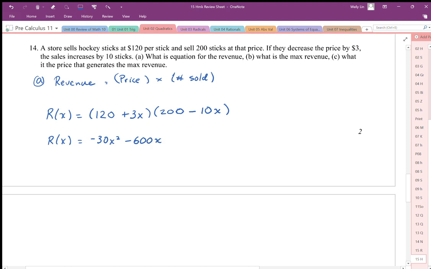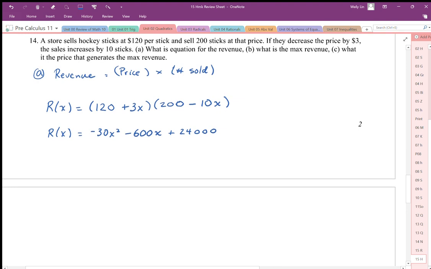And then the constants multiply to plus 24 and then 3 zeros, so 24,000. Okay, so when I don't have any increases of x or decreases of x, I'm going to sell 200 sticks at $120, and that represents actually my y-intercept. So that's why that number ends up there.